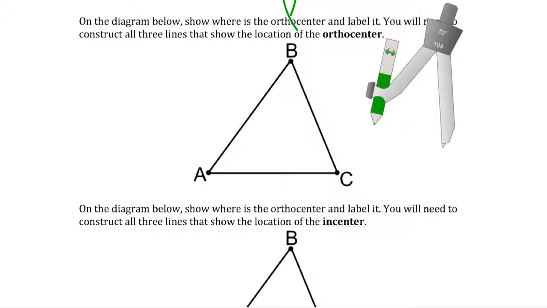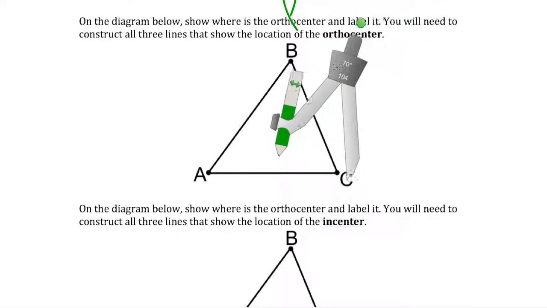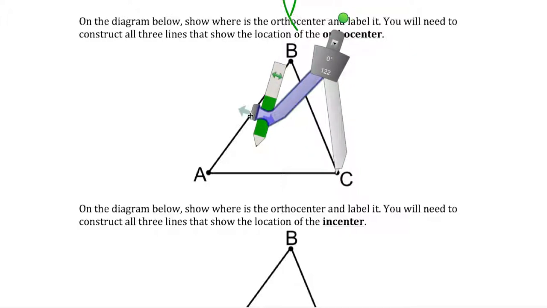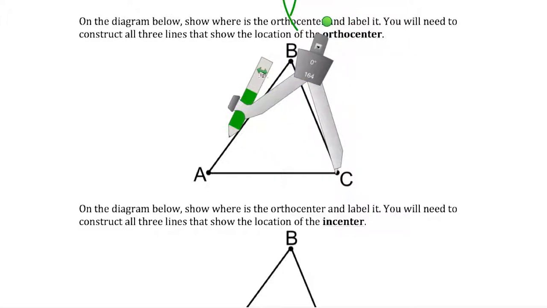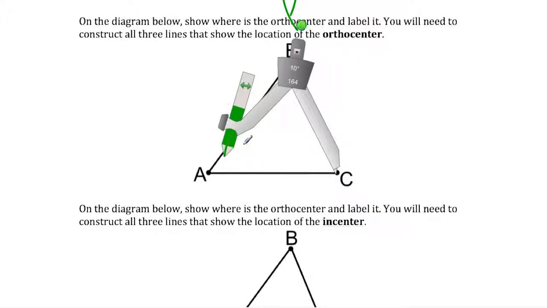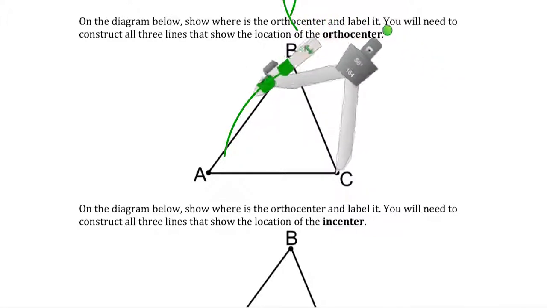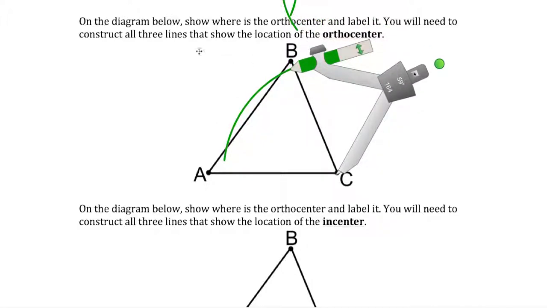So if we look at here, we can't just draw this and then say, oh, that looks perpendicular. We actually need to intersect this at a 90-degree angle. So if I start with angle C here, actually, I'm going to move this like so, just so it's a little bit larger. I'm going to draw this arc here. Now notice, this arc here intersects this side at these 2 points.